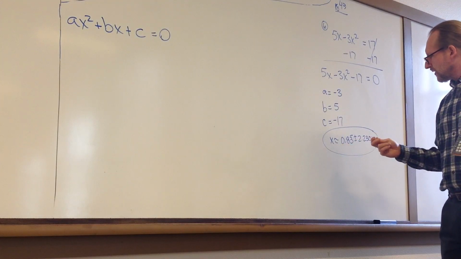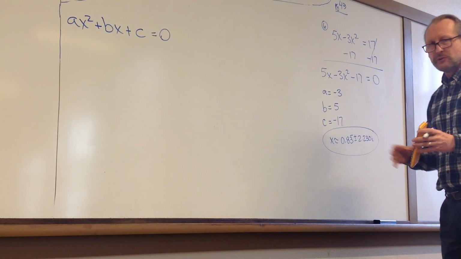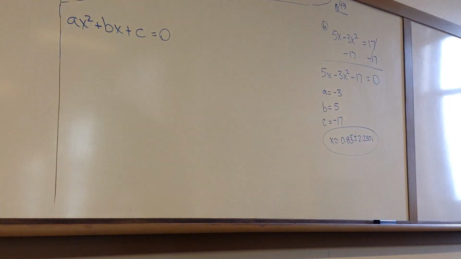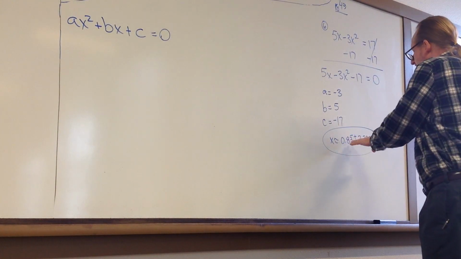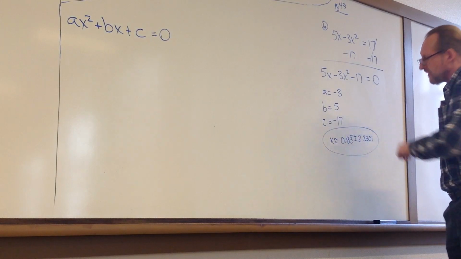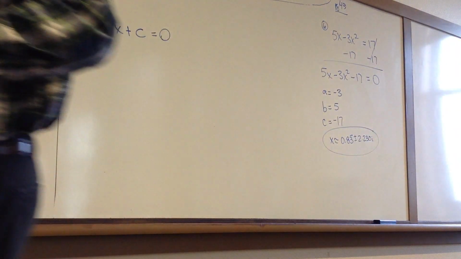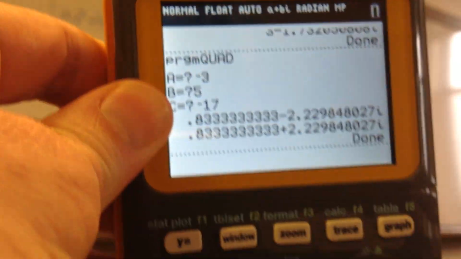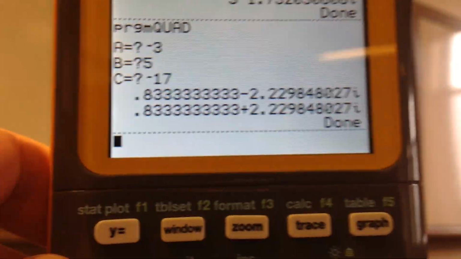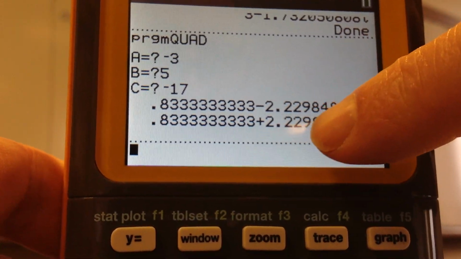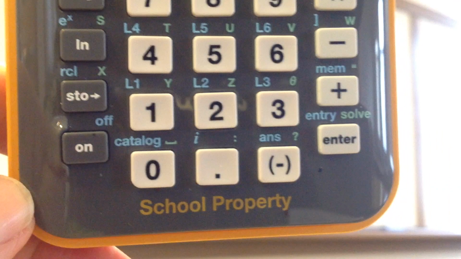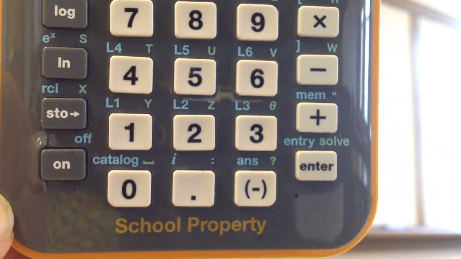Now these new calculators handle this very well. This repeating decimal, though, sometimes has issues. If you've got one of the older TI calculators, often this repeating decimal will hide some of the digits of that second number, of the complex part. So if you've got one of those calculators, let me show you how you can get around that. It's going to look different because my calculator doesn't have that problem, but let me just show you one way to go about fixing this. If you look at the bottom here, right above that negative sign, it says ANS.